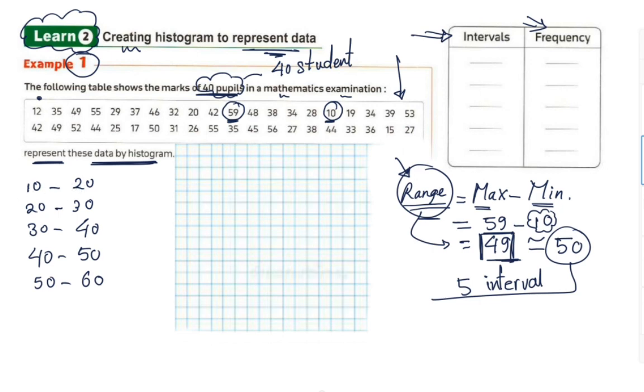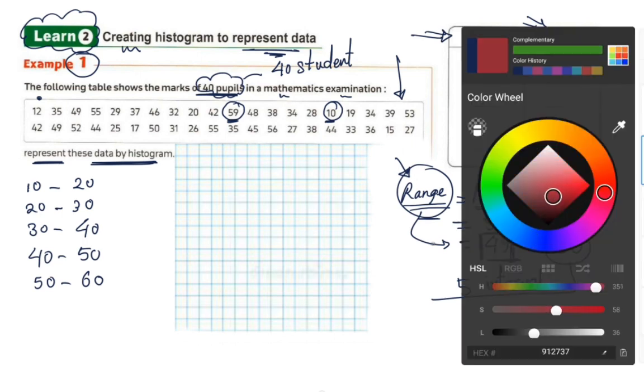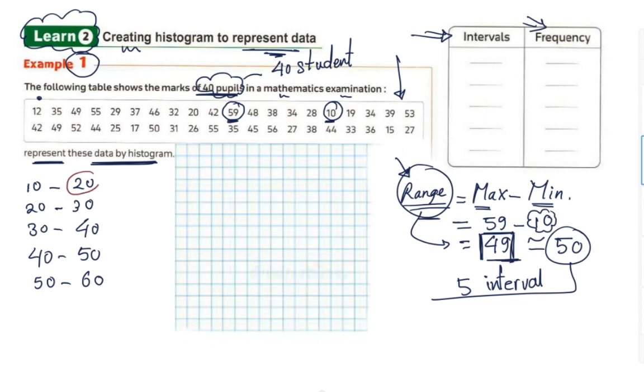But look here, 20 and 20. It's false. Why? This degree is repeated, but it may be 20. No, make it 19. So from 10 to 19, after 19, 20.